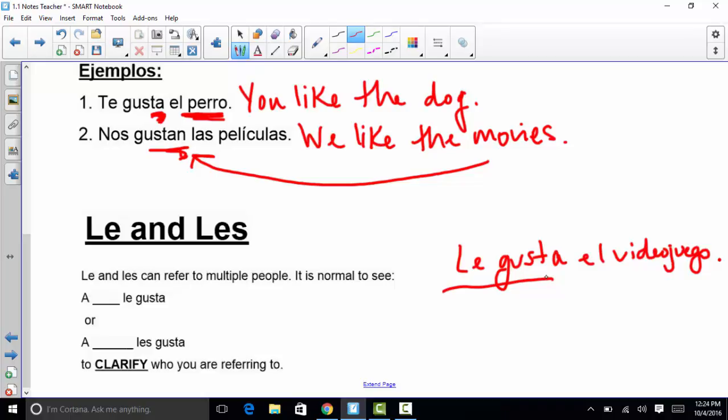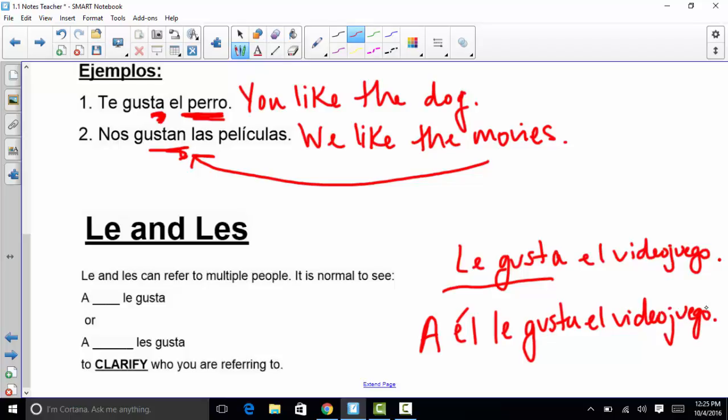So if I want to be specific about who likes something, I'm going to add what's called a personal a at the beginning of the sentence, and then use a subject of some kind. So I could say, a él le gusta el videojuego. That would be he likes the video game.